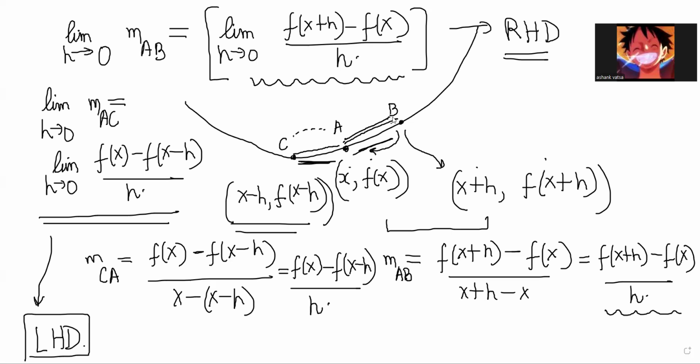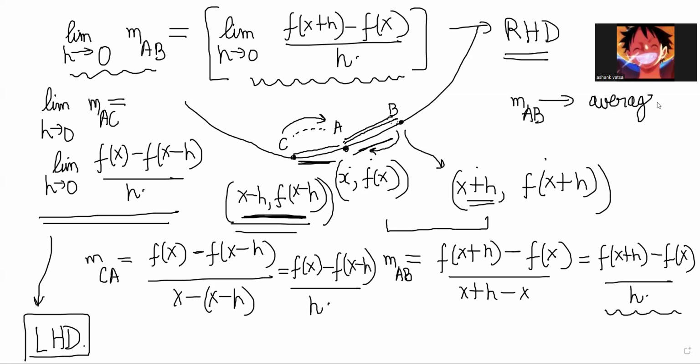Basically, we are taking the slope and we are making h close to 0 so that B comes close to A, right? Yeah. Similarly, on the other side also, we are making h close to 0. So then C will approach A from the other side, right? Yeah. Both times we are taking the limit of the slope, right? If we had just written the slope, what was it?